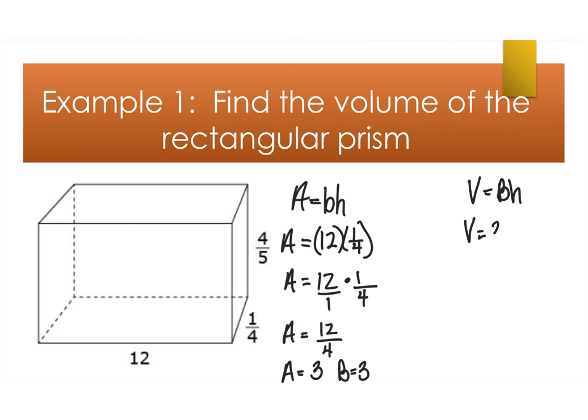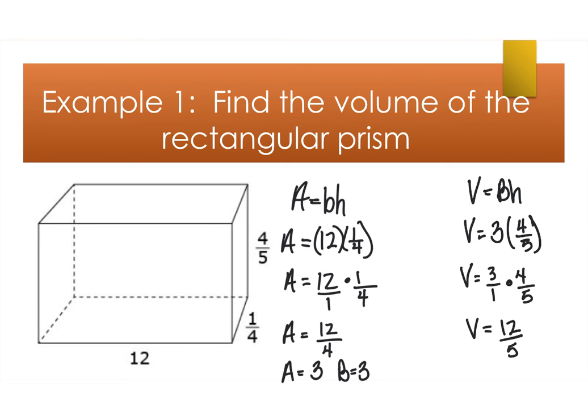So I'm going to take my big B and put it in, and then my height is 4/5. Same thing with fractions. Change 3 to 3/1. Multiply it by 4/5. Multiply straight across. So 3 times 4 is 12. 1 times 5 is 5.